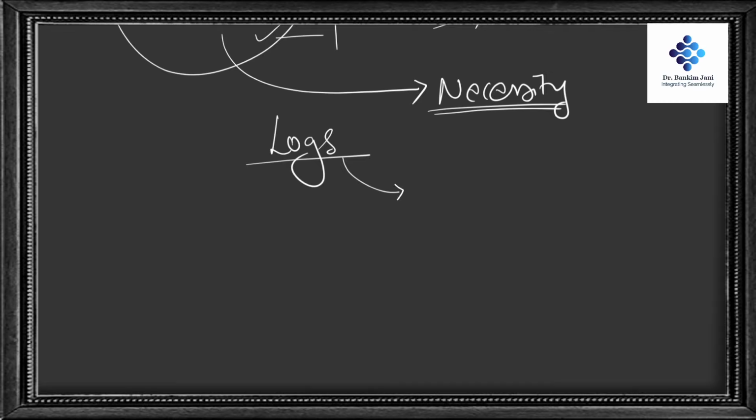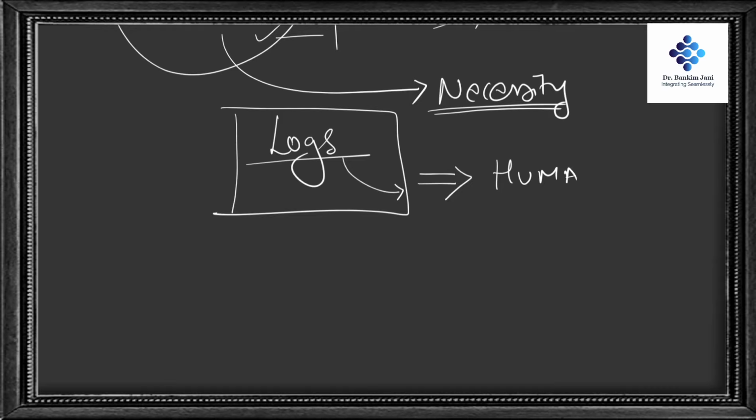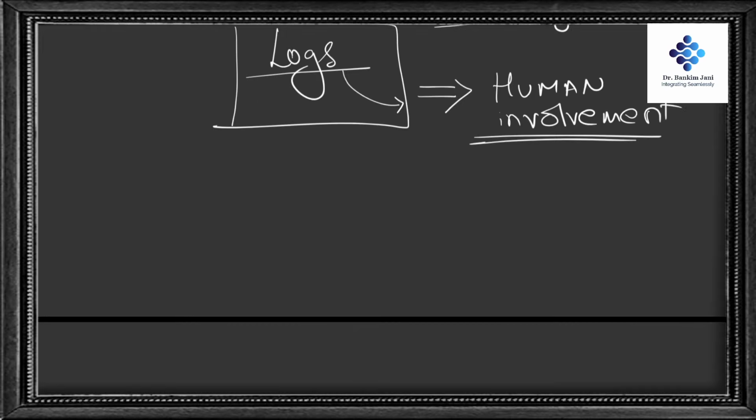But then for these logs also, there is an element of human involvement. These logs won't be checked by themselves. A person has to sit and he has to really check what really happened in all these logs. So then things were made still easier. That is what is called the version control.